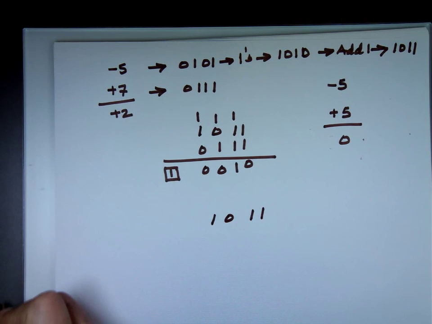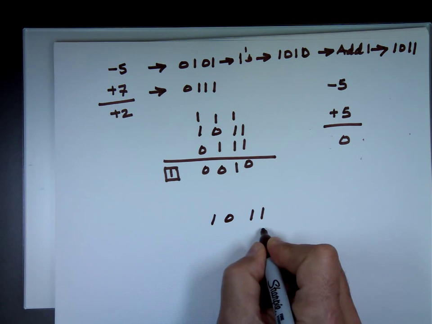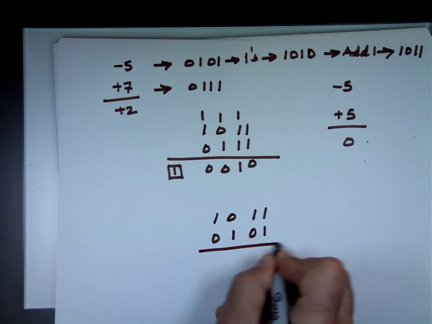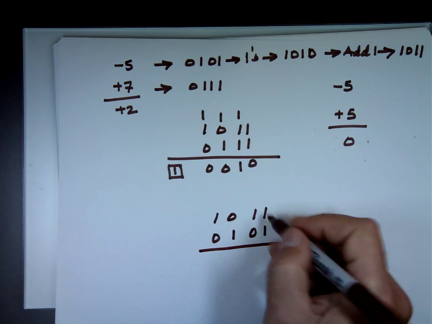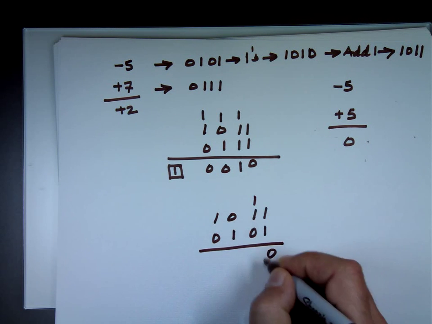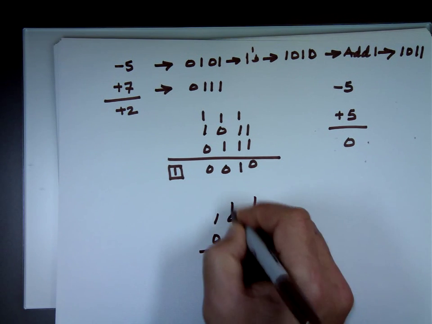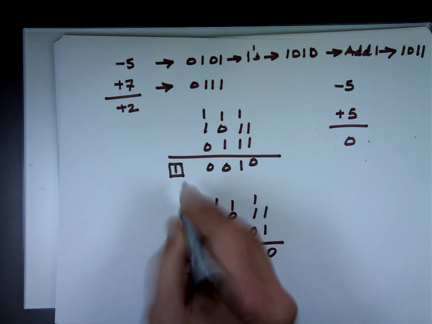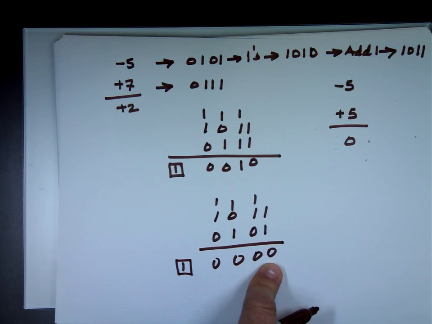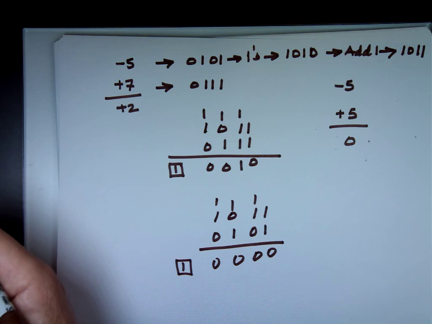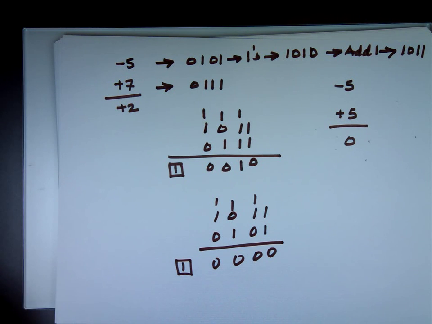We know 5 is 0, 1, 0, 1. 1 and 1, 0 carry 1. 1 and 0, 1. Carry on through, ignore the overflow. What's your answer? 0. So when the numbers are positive and negative, you're good. When they're the same sign, we might have a problem.